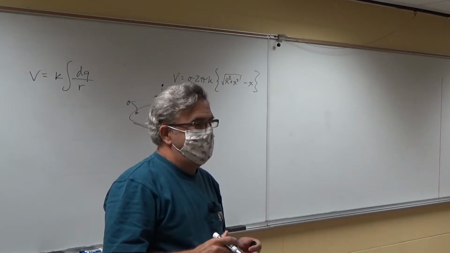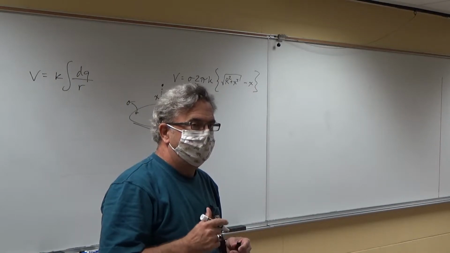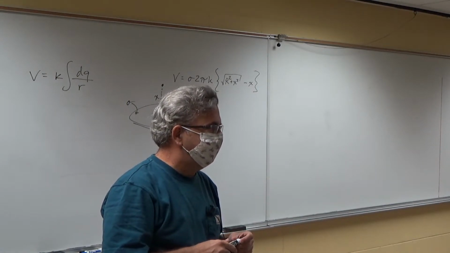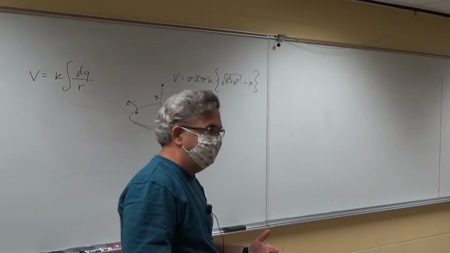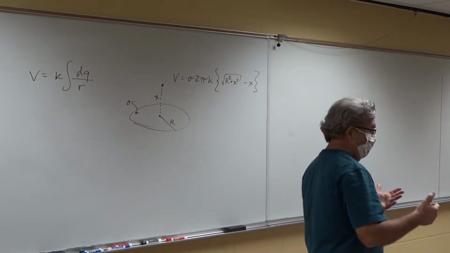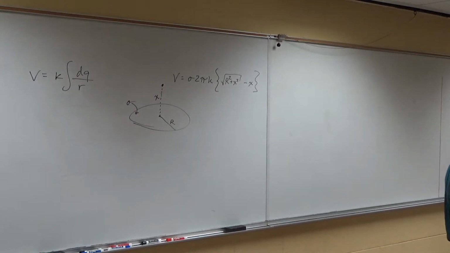Now, if you want to calculate the electric field, it's pretty darn simple. How did we generate this expression for potential? By definition, you integrate the electric field. You do a line integral along the electric field and you get the change in potential.